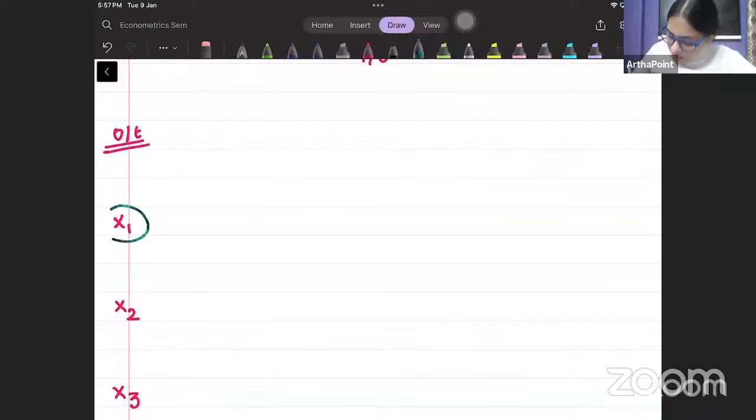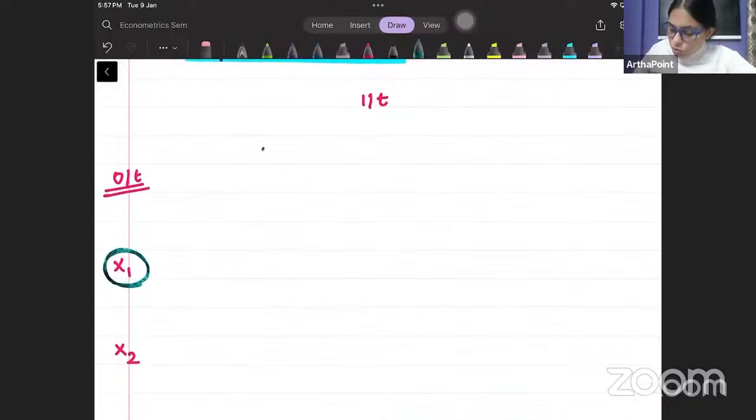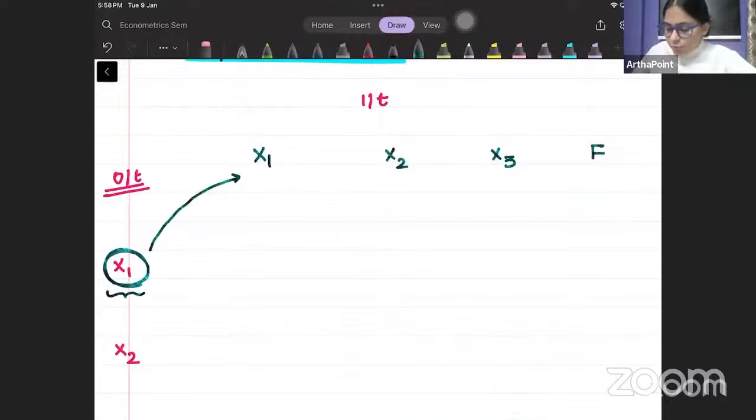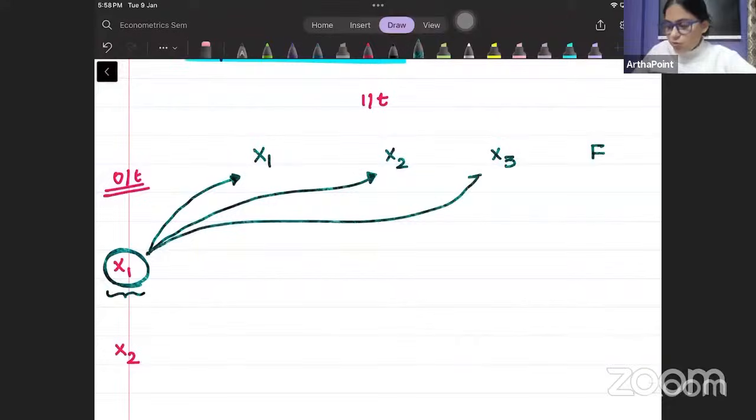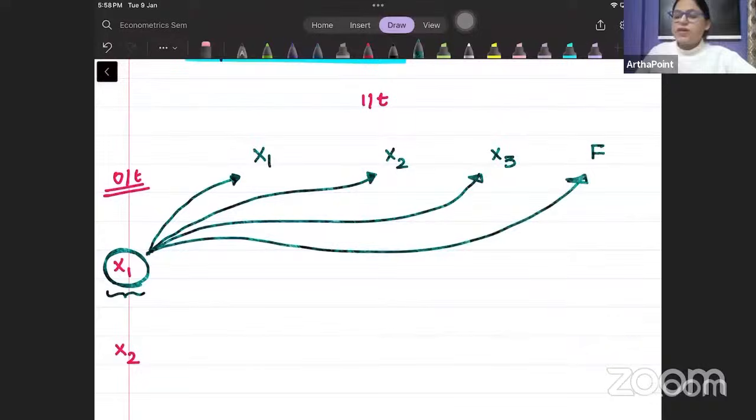इंडस्ट्री 1 का जो भी आउटपुट है, इट कैन बी यूज्ड बाय इंडस्ट्री 1, इंडस्ट्री 2, इंडस्ट्री 3 और फाइनल कंज्यूमर. जो भी इसने आउटपुट प्रोड्यूस किया उसमें कुछ पार्ट इनपुट की तरह यूज हो जाएगा उसी इंडस्ट्री में. सम पार्ट विल बी यूज्ड एज इनपुट इन द सेकेंड इंडस्ट्री, some part will be used as input in the third industry, and some part will be consumed by the final consumer.